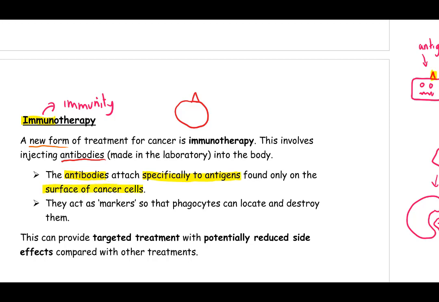The reason why these antibodies will only join to these antigens is because they have a complementary shape, so they will attach and join perfectly. They also act as markers so that the phagocytes can then locate and destroy the cancer cells. So in that way, it's actually helping your immune system to fight your cancer.